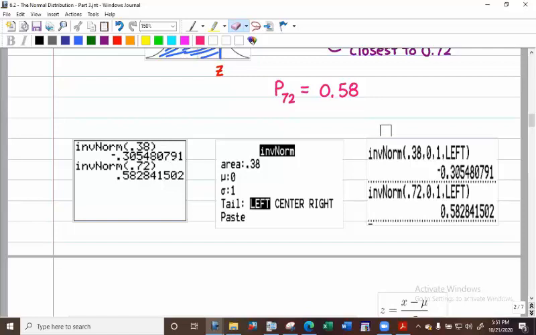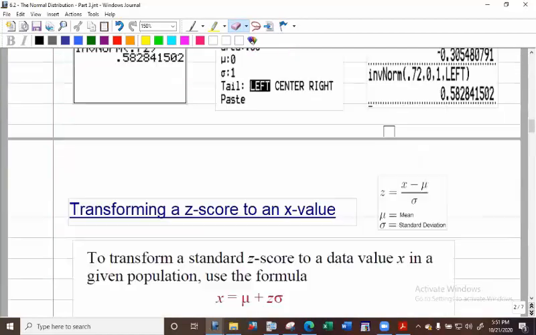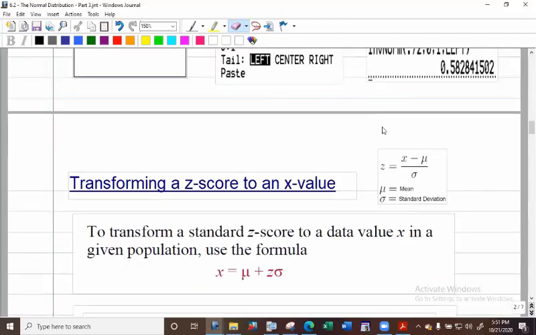Now let's see how you get your X values. Like I said, if we were doing the child's height or SAT score, that's how you get your Z. Let's see how you get an actual value, an X value that corresponds to the value from a percentile.